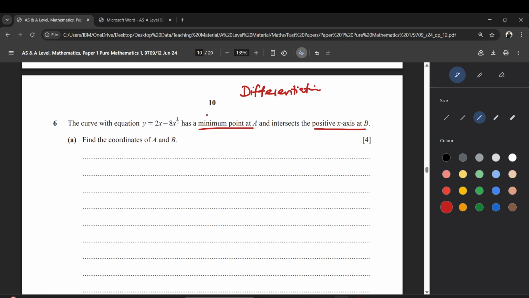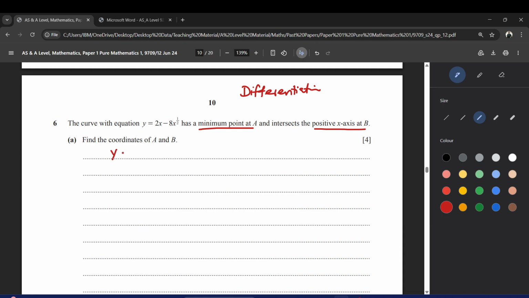Now it says find the coordinates of A and B. First of all, if there is a minimum point at point A, what does that tell you? We know that at stationary points, whether they are minimum or maximum, your gradient function dy dx is equal to 0. So first we have to find our gradient function, dy dx.